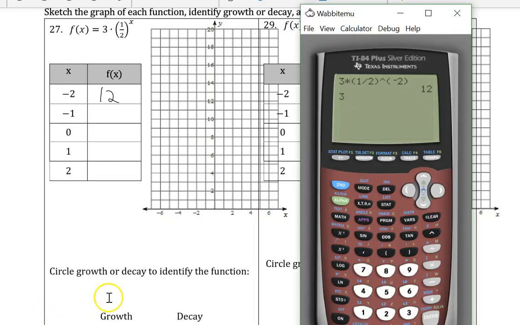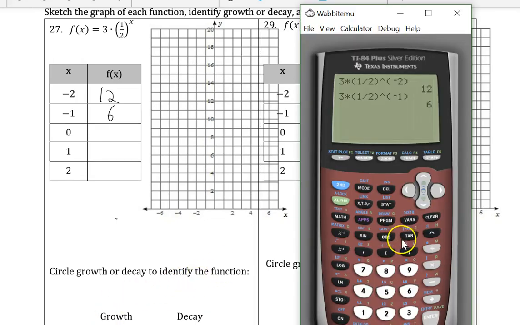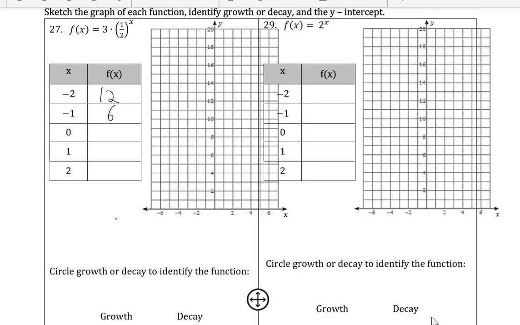And then for this one, we'd have 3 times 1/2 to the -1. We get 6. And at 0, we get 3.